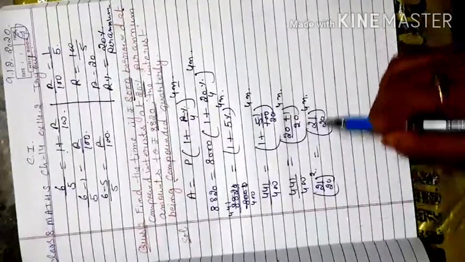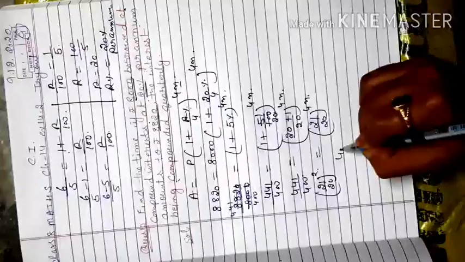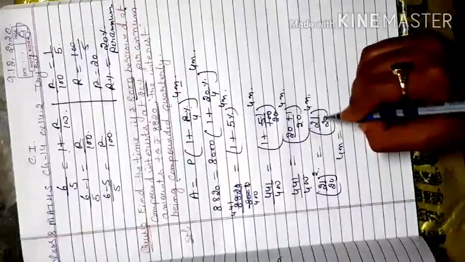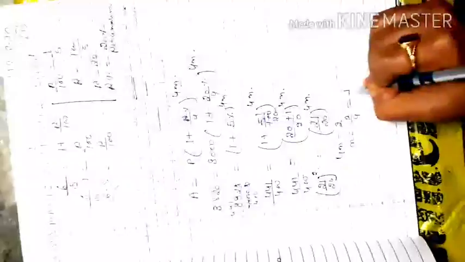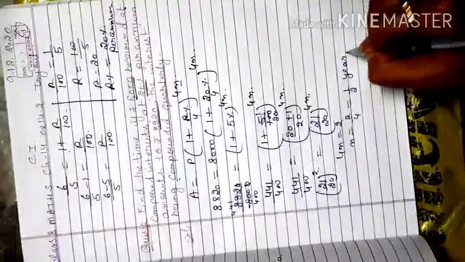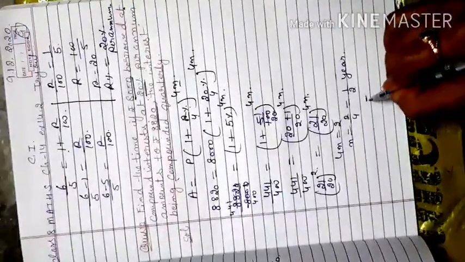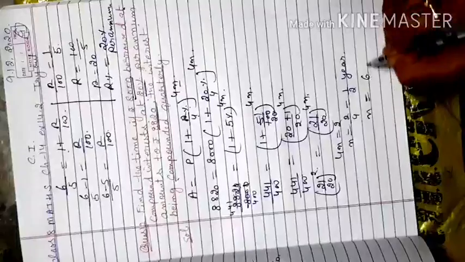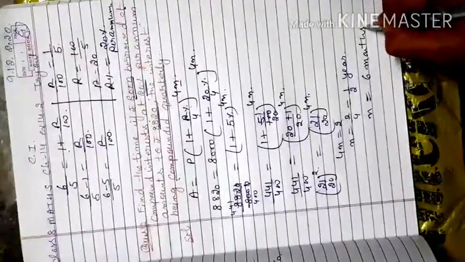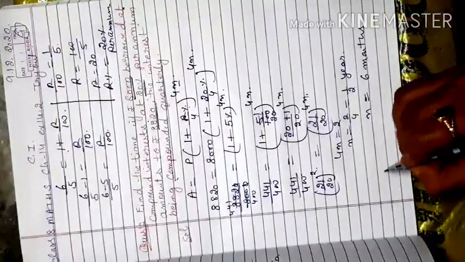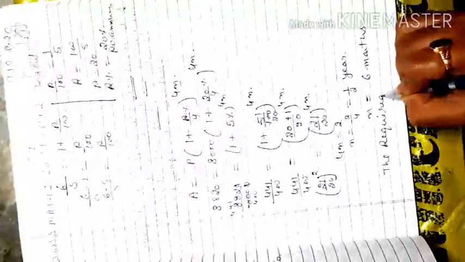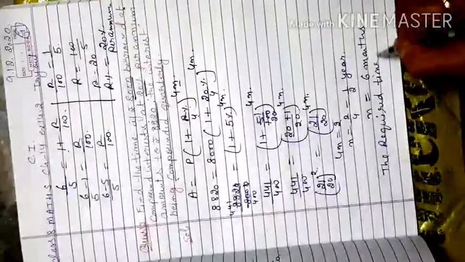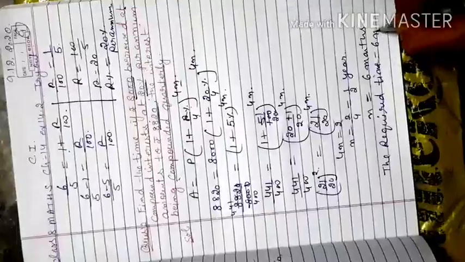Now the base is equal, you have to just pick the powers. 4n = 2, then n = 2/4, which gives you 1/2 year, that is half year. Half year means 6 months. So n will be considered as 6 months. Then the required time is equal to 6 months.